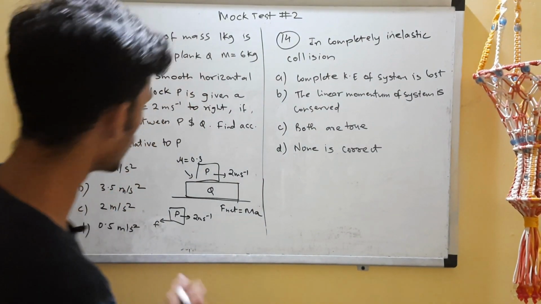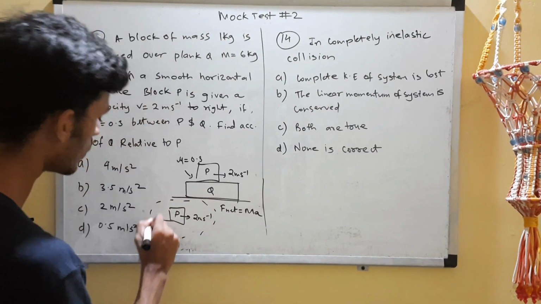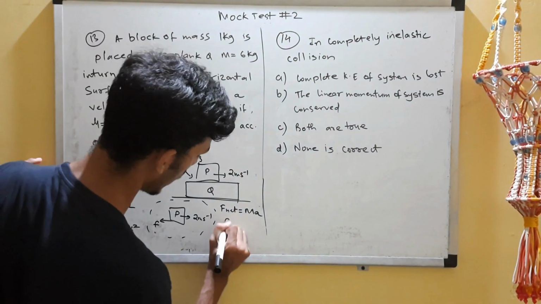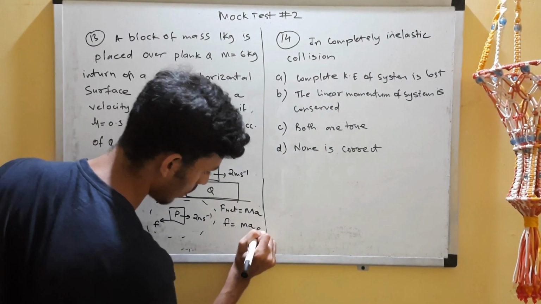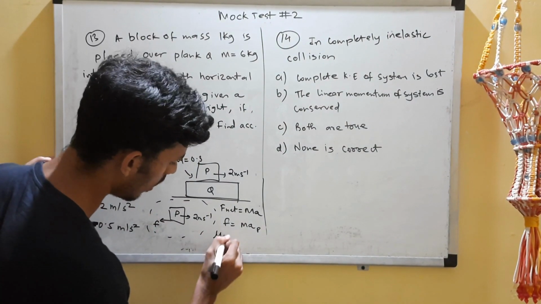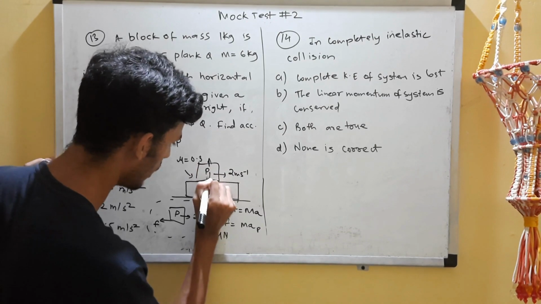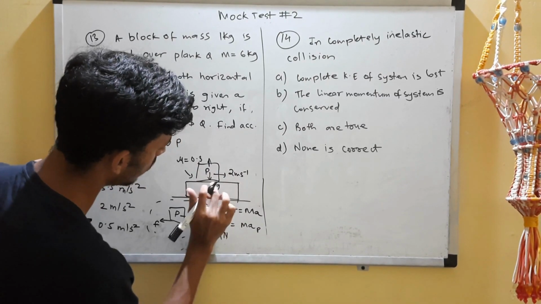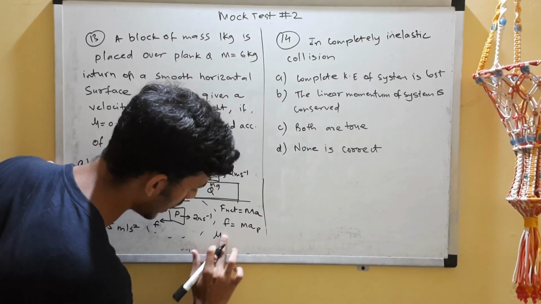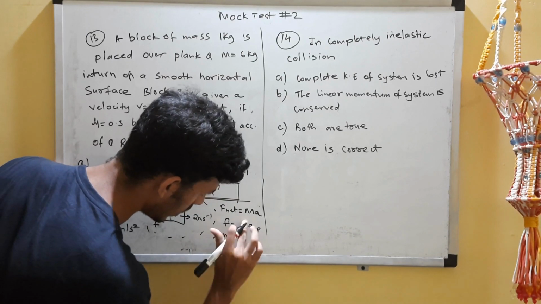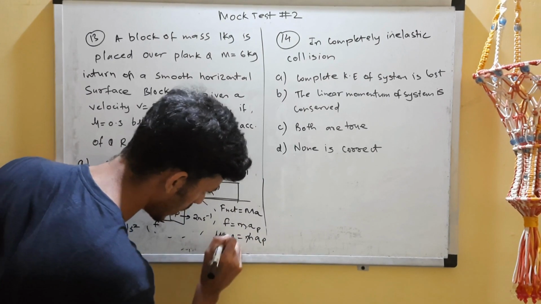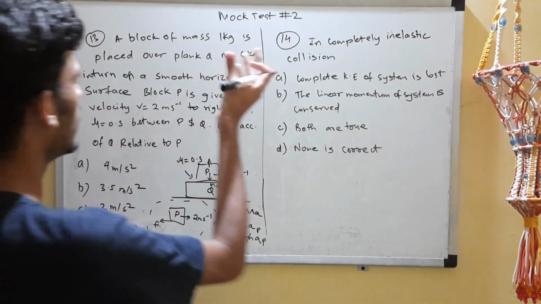So F net equals ma. The only force acting on this block is the frictional force. This is velocity. So we have the frictional force equals m times acceleration of P. Frictional force is nothing but mu N, and N in this case is nothing but mg, the mass of P. So m and m will get cancelled, anyway they are 1 each.